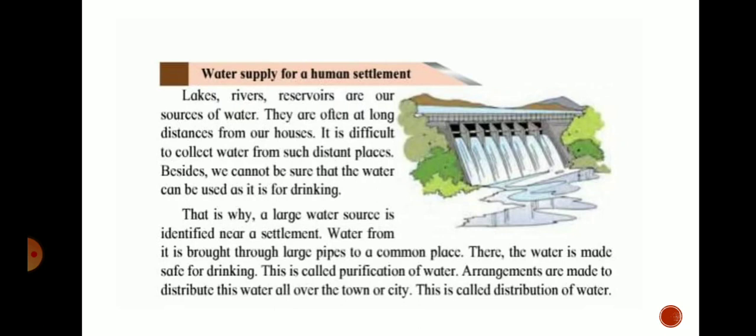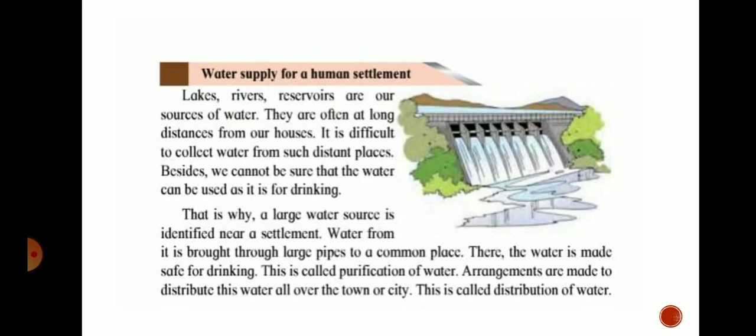That is why a large water source is identified near a settlement. Water from it is brought through large pipes to a common place. There, the water is made safe for drinking. This is called purification of water. Arrangements are done to distribute this water all over the town or city. This is called distribution of water.